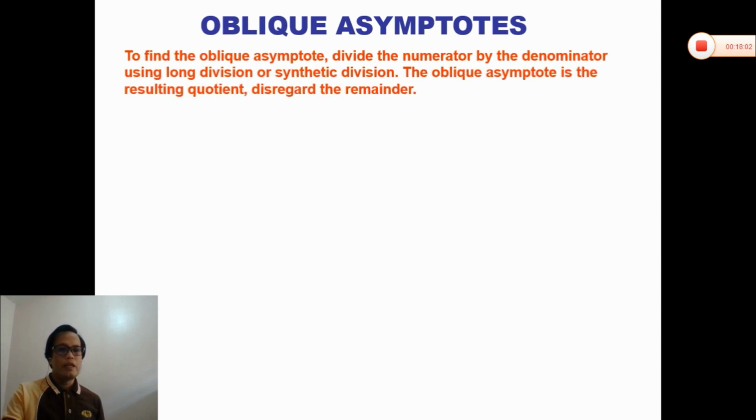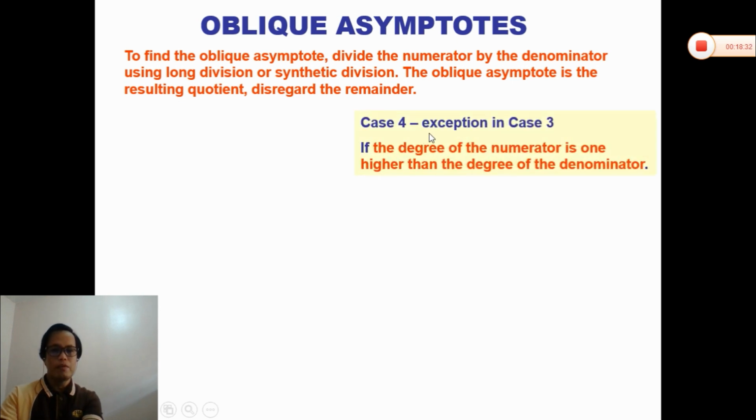And now let's proceed to oblique asymptotes. How do we find the oblique asymptote? To find the oblique asymptote, we need to divide the numerator by the denominator using long division or synthetic division. The oblique asymptote is the resulting quotient, disregarding the remainder. So this is now case number 4, which is the exemption to case number 3.